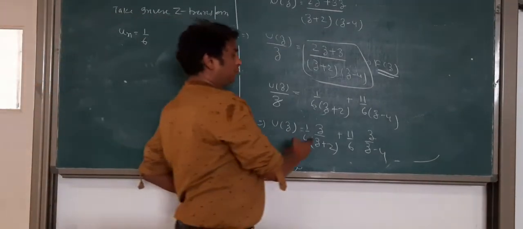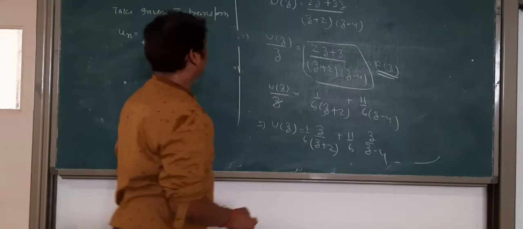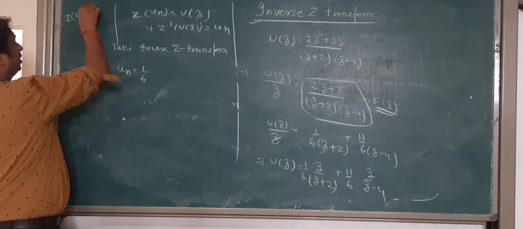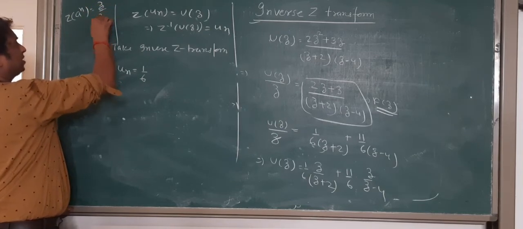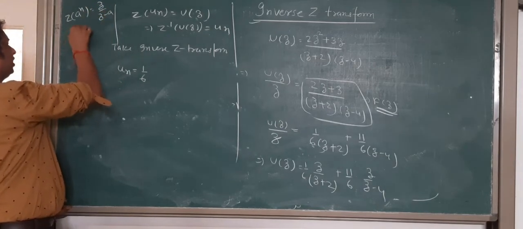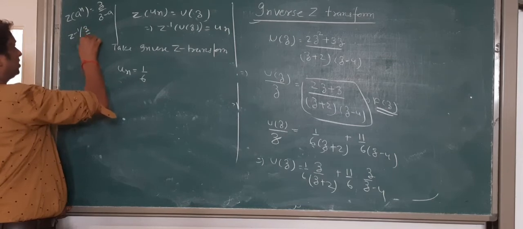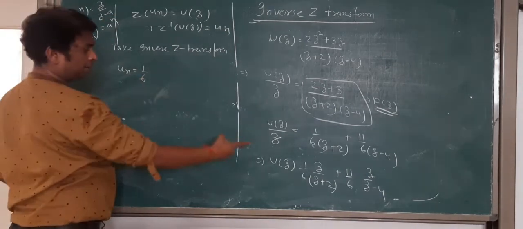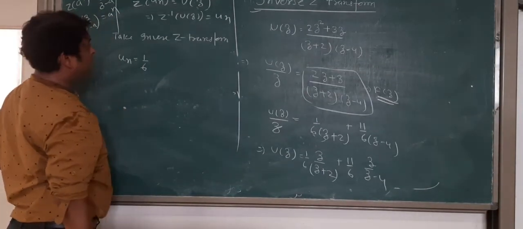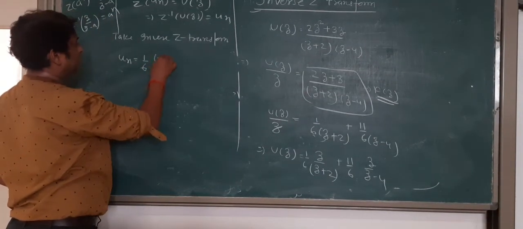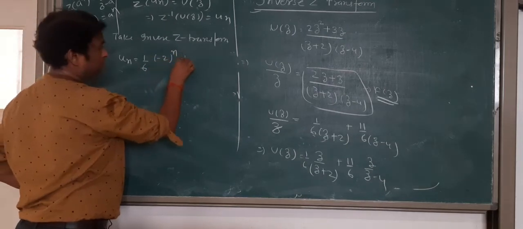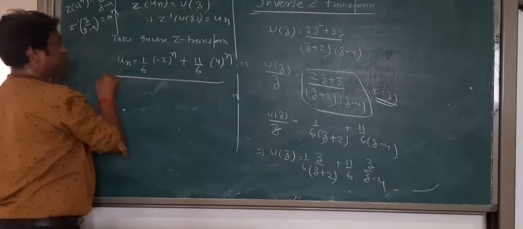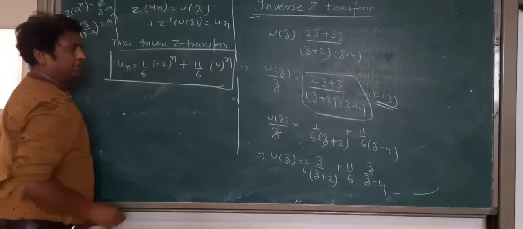Z inverse of z upon z plus 2: you know very well Z of a to the power n is z upon z minus a. So Z inverse of z upon z minus a is a to the power n. What is the a value here? z plus 2, so the a value is minus 2. So this is minus 2 to the power n, plus 11 by 6 times 4 to the power n. This is the answer. So this is so much easy.